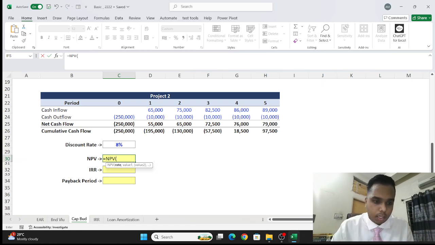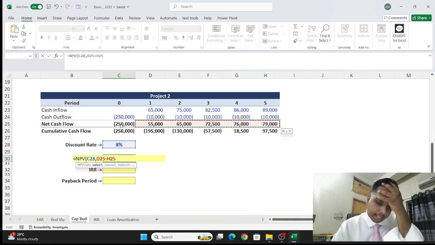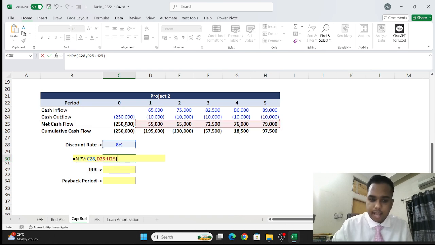We have to add the rate. This is the rate, discount rate, comma. We have to select the net cash flows, from the first value to the rest of the values. We will not select this initial investment. This is the initial investment. Then we will close the bracket and plus the initial investment. This is the formula of net present value.